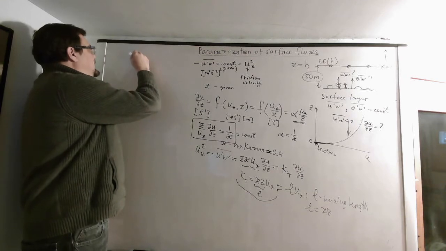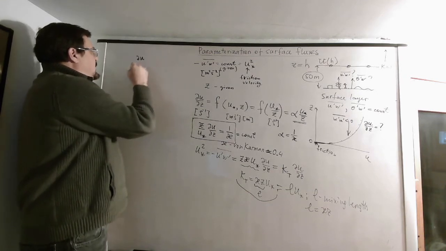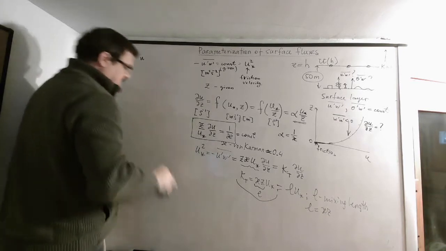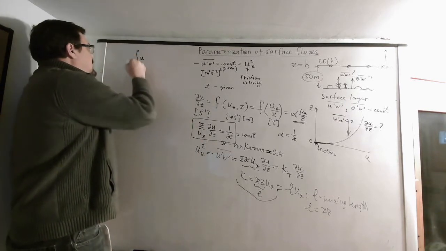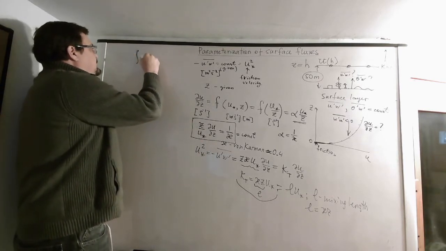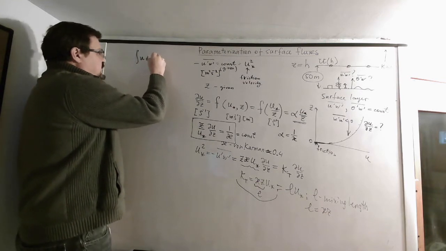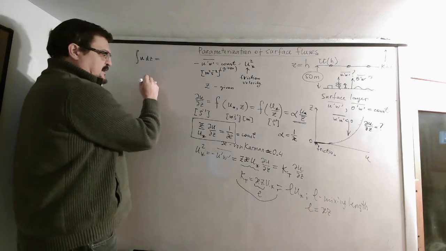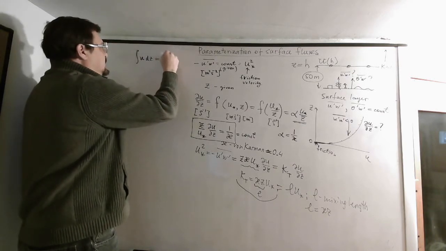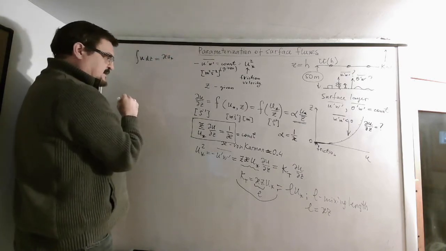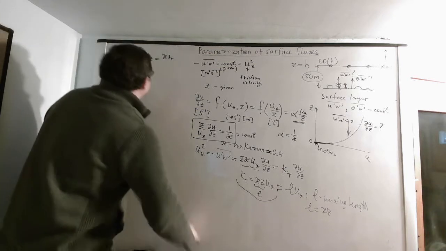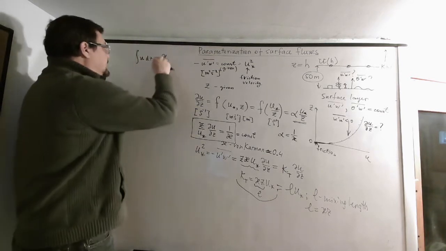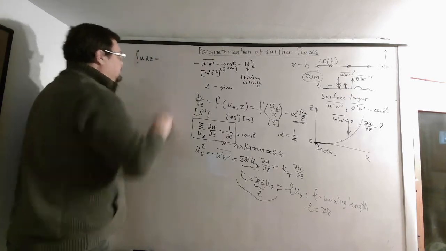So you have the integral of du dz equals kappa u star divided by kappa z.